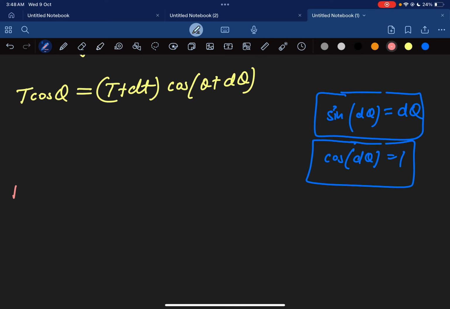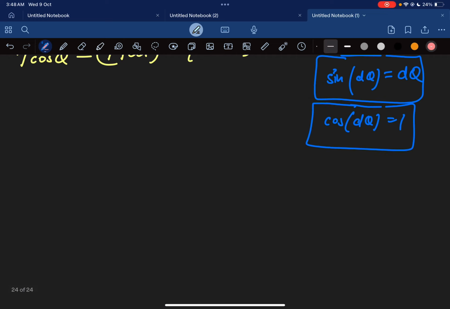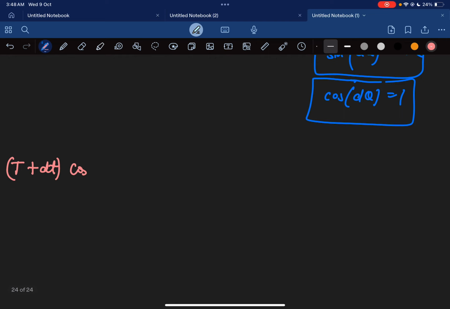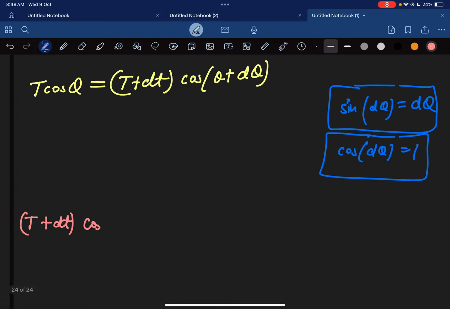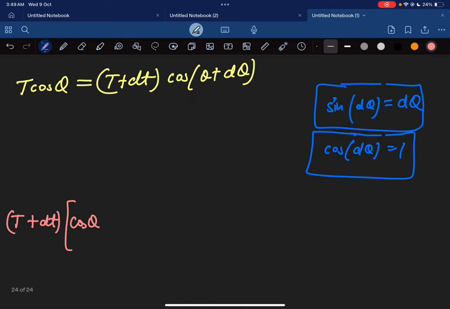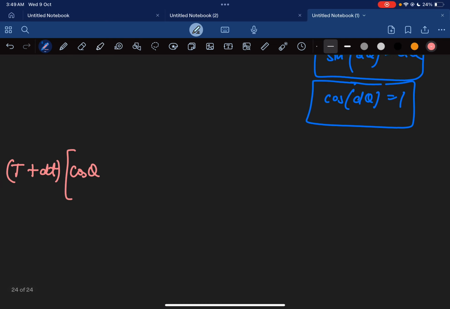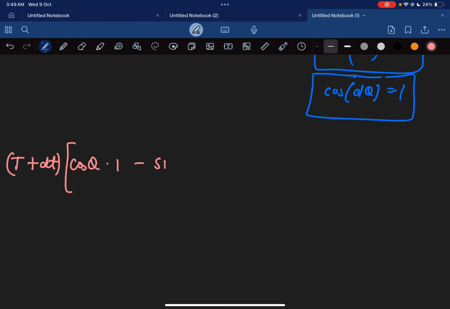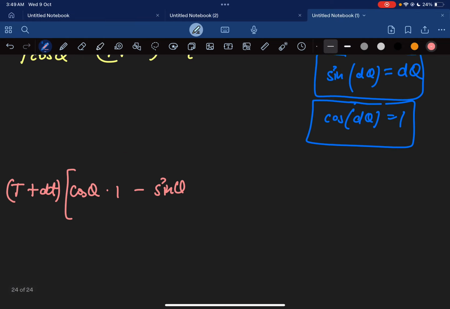So t plus dt, I'll just shift it a little bit downwards so I can get more space, t plus dt into cos. Applying the cos of a plus b formula, which is cos a cos b, cos of d theta is 1, cos a cos b minus sin a sin b, and sin of d theta is d theta.